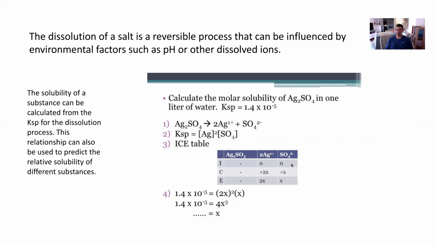So you're always solving for x, even if you get 2x, 3x, whatever it may be. If you had 3x, that means the stoichiometric number was 3. That would be 3x raised to the power of 3, so 27x cubed. If it was 4x, it would be 4 raised to the power of 4, so it would kind of grow. But if you're solving for molar solubility, that is just x.